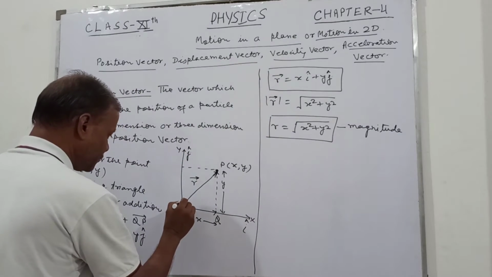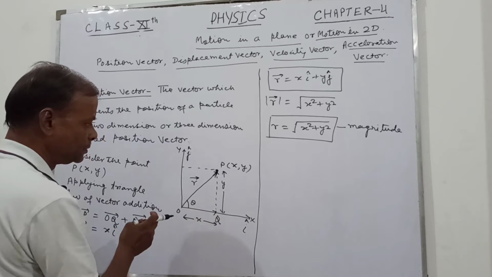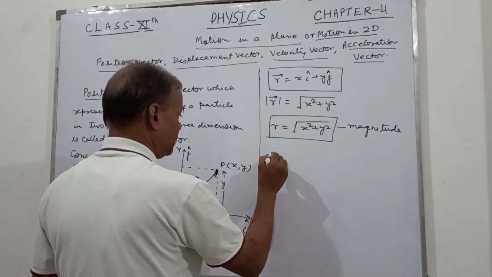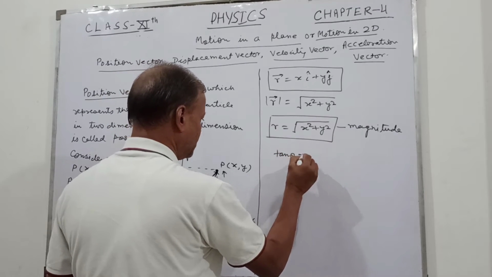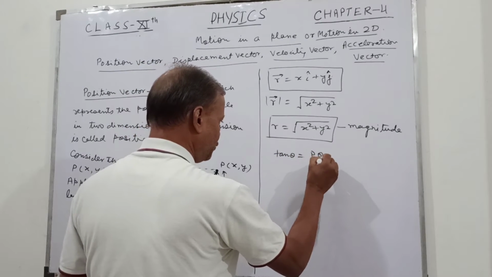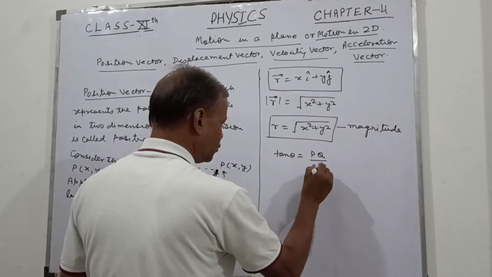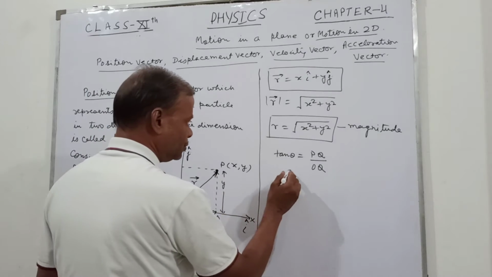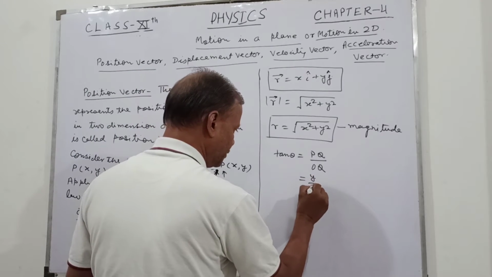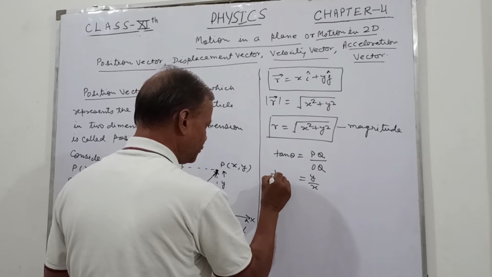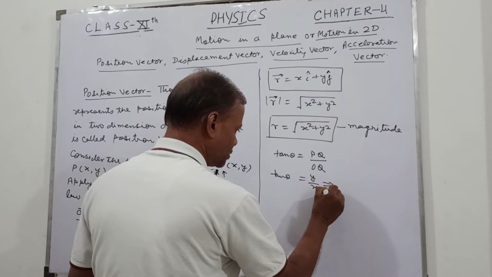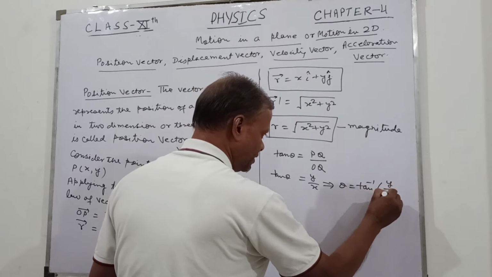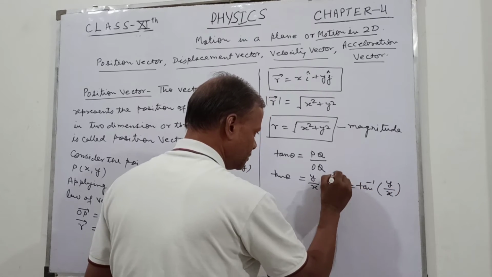Now suppose this angle is theta, then tan theta is equal to PQ upon OQ, perpendicular upon base, which is y upon x. So theta equals tan inverse of y upon x.